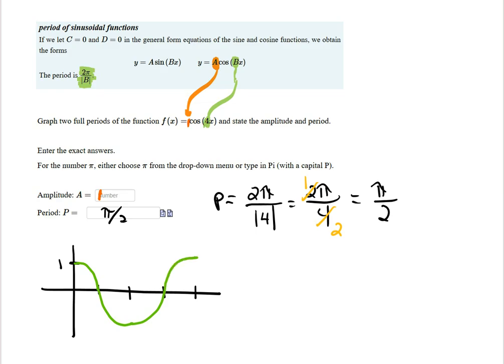And since our period is pi over 2, that's where it ends.